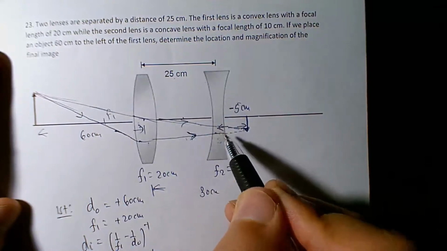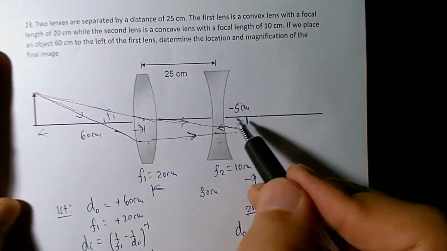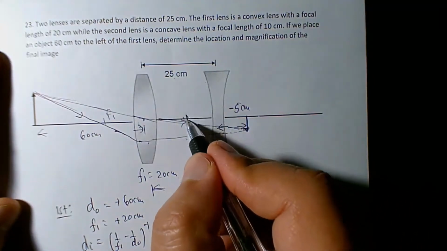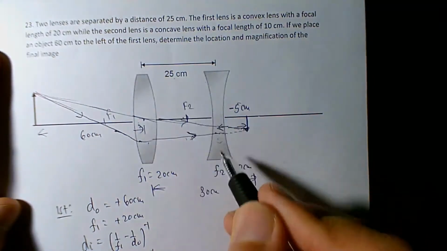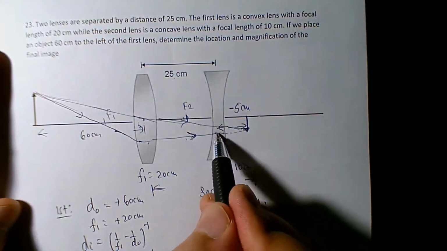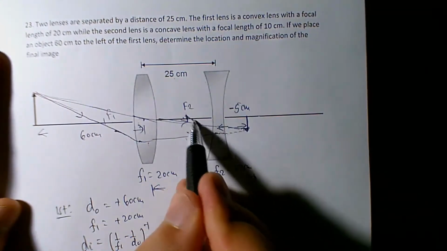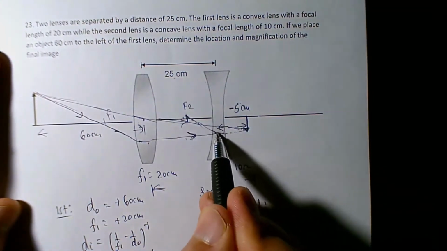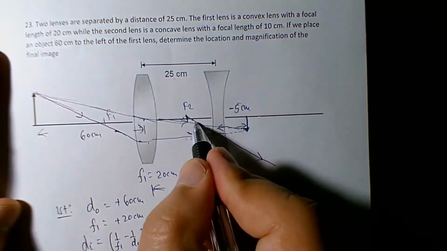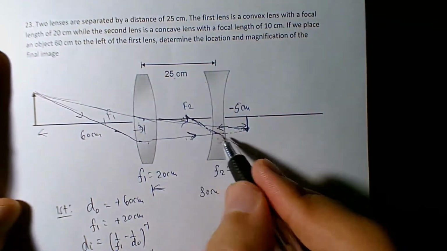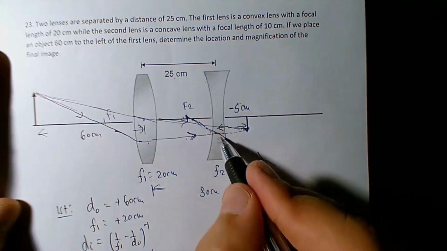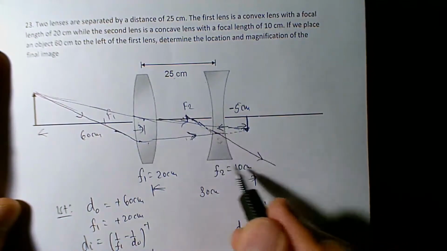It now diverges, and F2 at 10 centimeter is somewhere here. It will diverge as if it comes from its focal point, away like this, from F2, instead of just going straight.